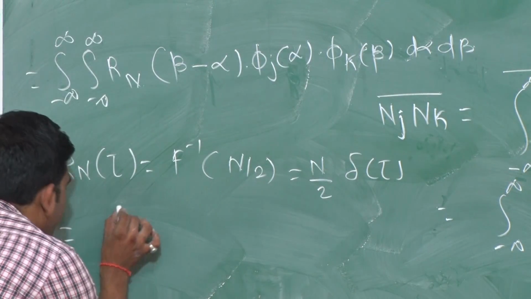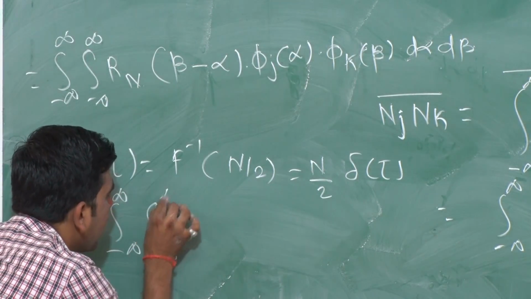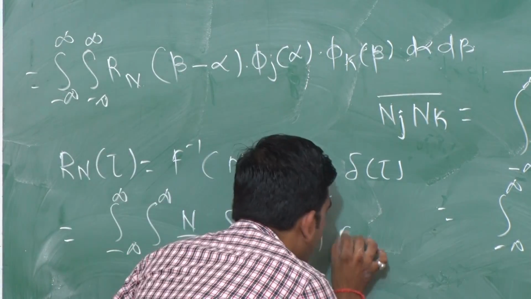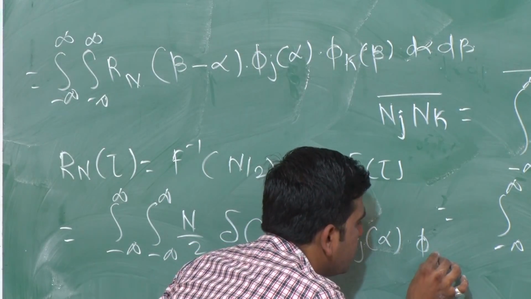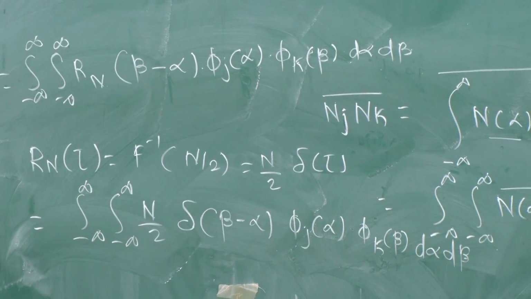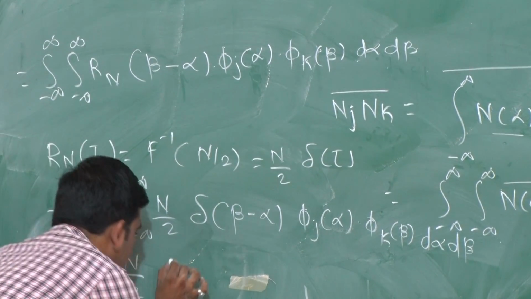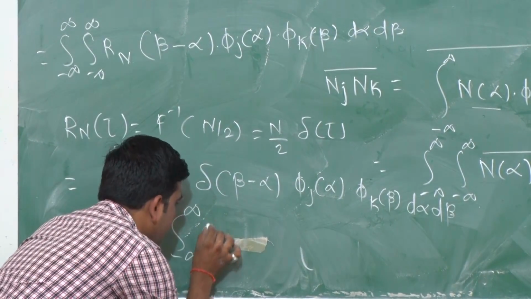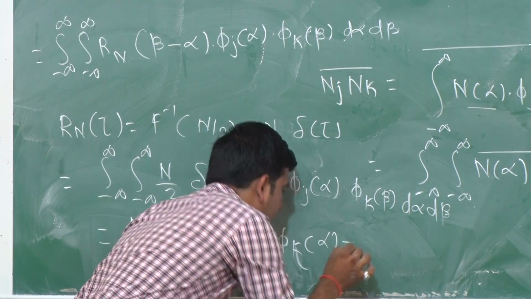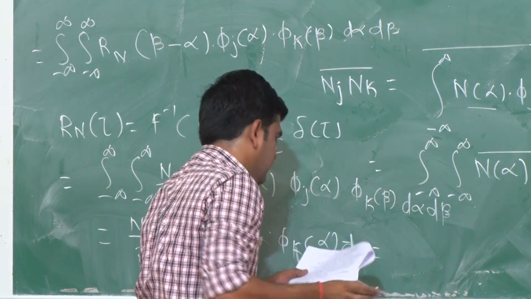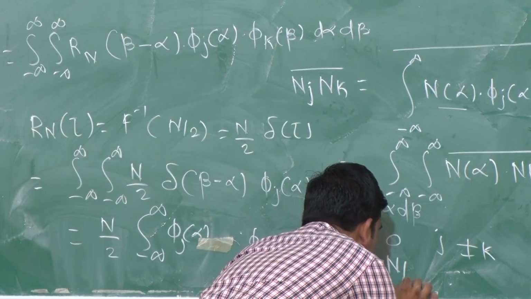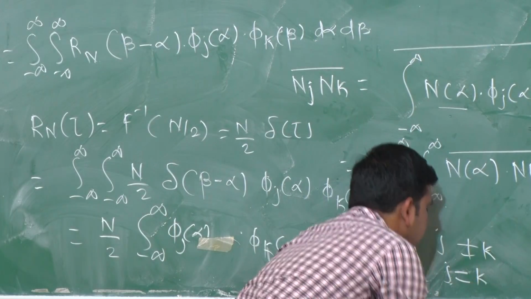So this value becomes the integration over minus infinity to infinity of N by 2 delta of beta minus alpha, and this is equal to N by 2 times the integration over minus infinity to infinity of phi_j of alpha, here.